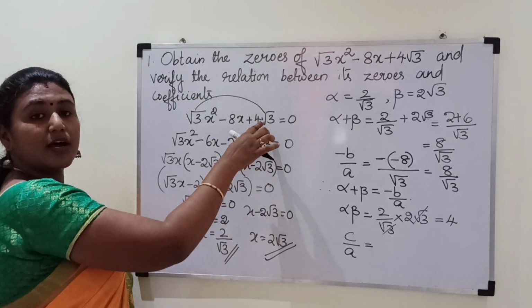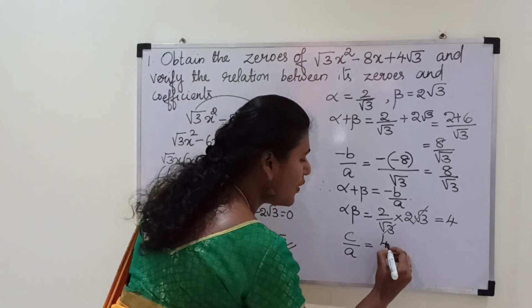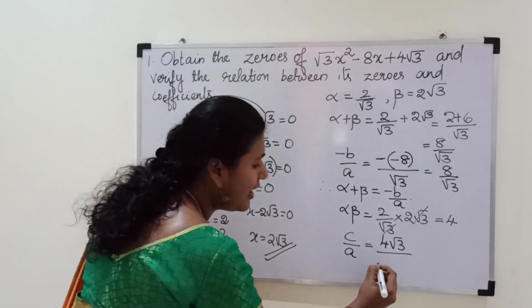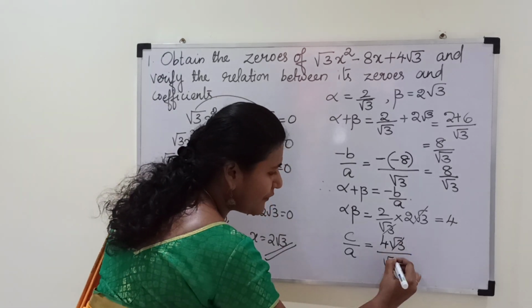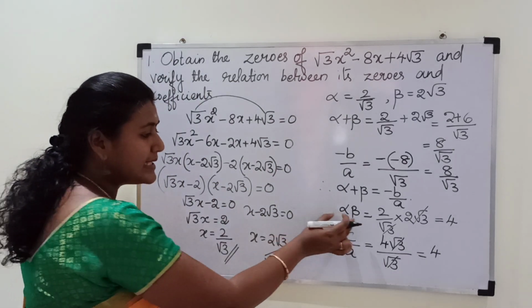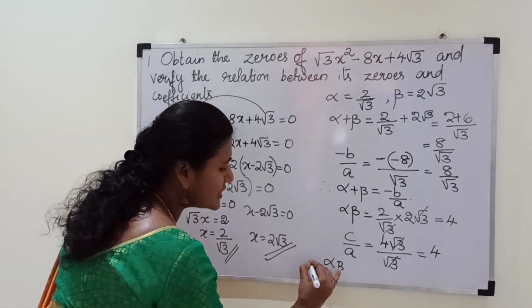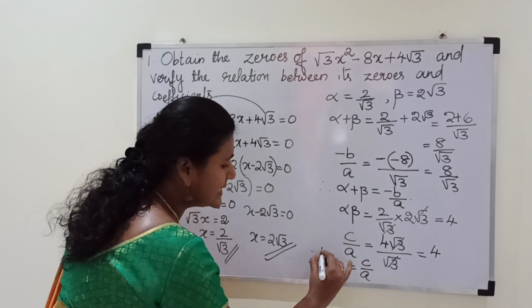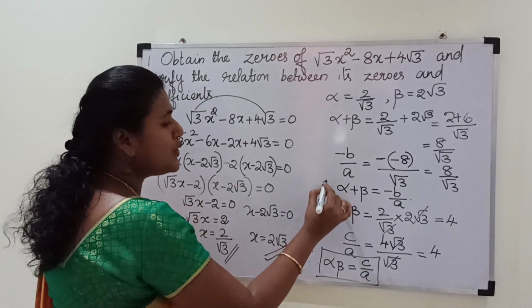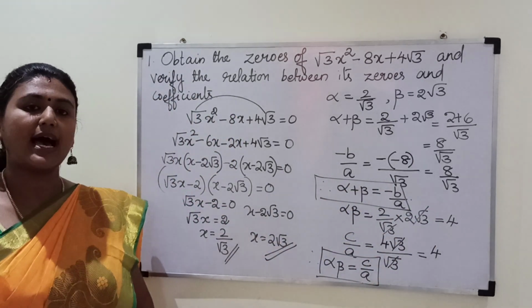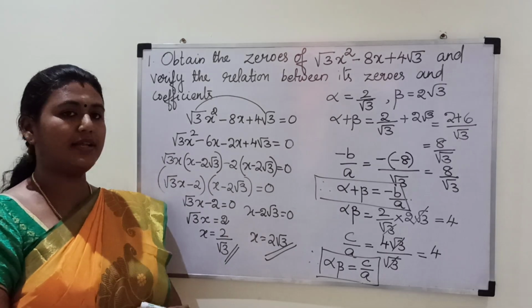Here c is the constant term, that is 4 root 3, divided by a, the coefficient of x square, which is root 3. When you cancel, you are getting c by a value also 4, that is the product of zeros. Therefore the product of zeros alpha beta is equal to c by a. So this is how you have to verify the relation between zeros and the coefficients of the polynomial.